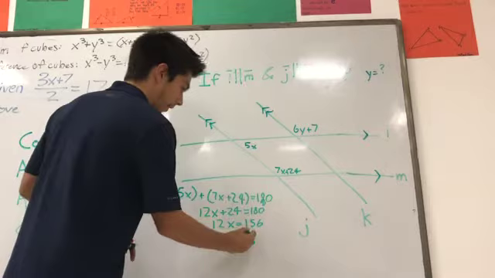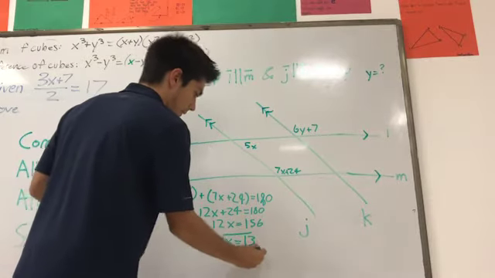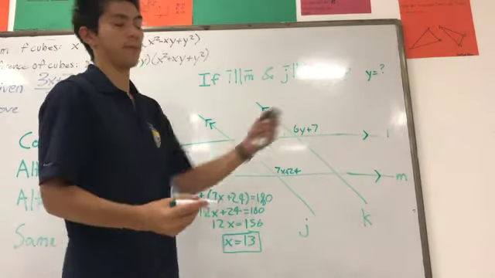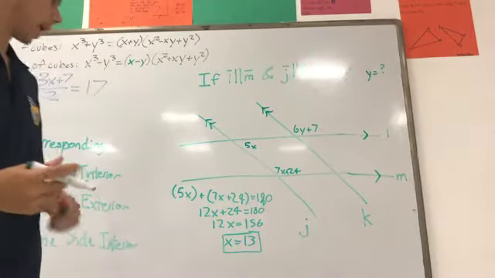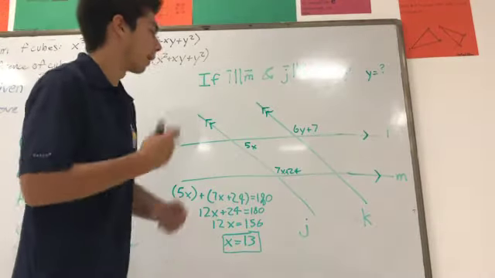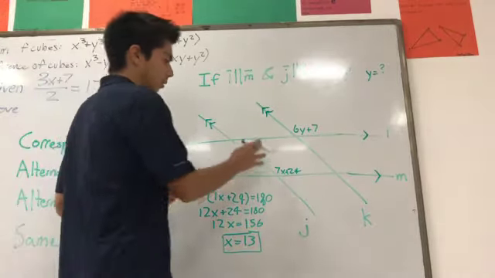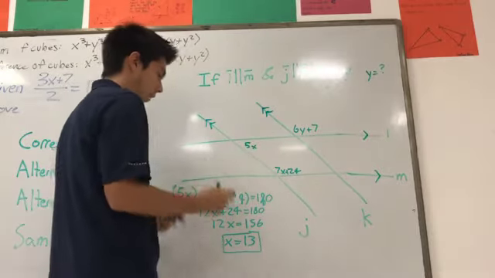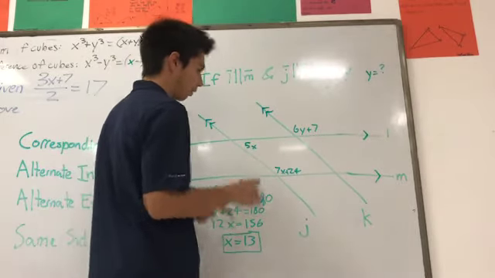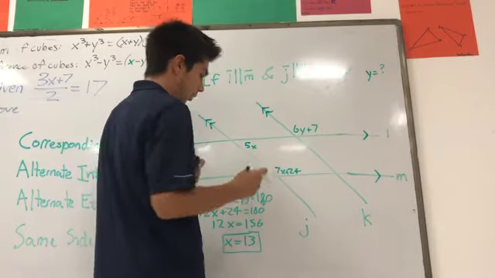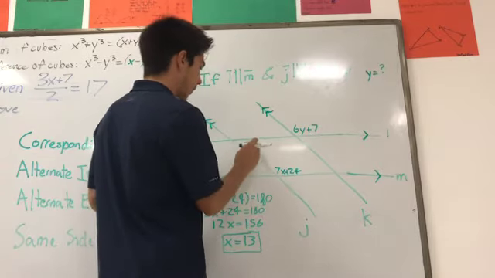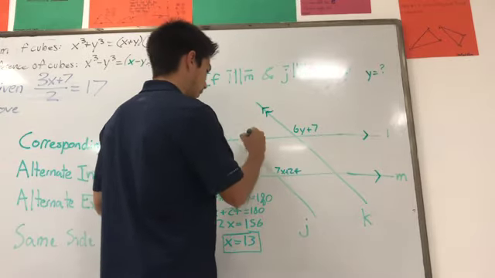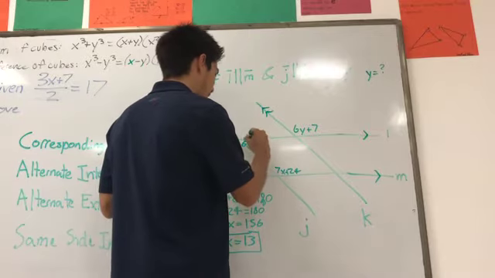So I found x, which is not really my end point because I still haven't found y, but it's a good start. Now that I know that x equals 13, I'm going to plug that back into my diagram here. 5 times 13 is 65. So this is now an angle of measure 65 degrees.